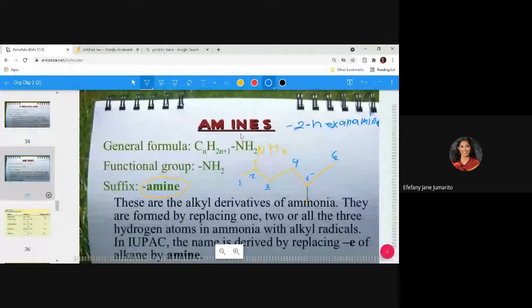Then we have our substituents. We have 5-methyl-2-hexanamine. Or we can have hexane-2-amine. Okay, so we have 5-methylhexane-2-amine. So that's it.